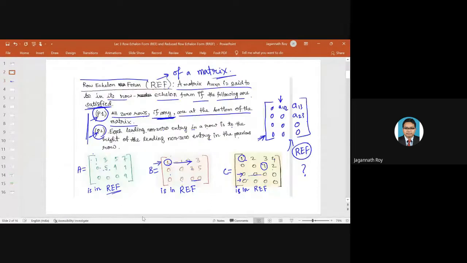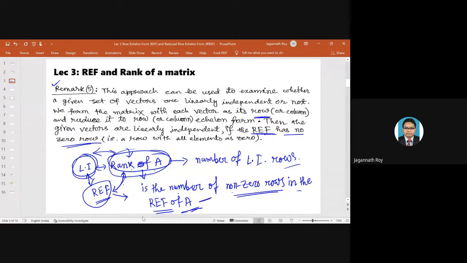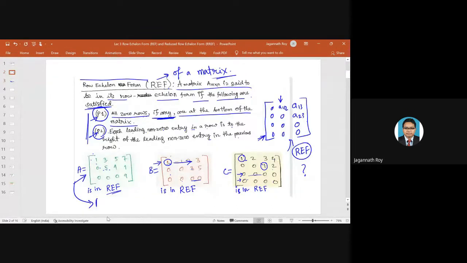If you go back and check the examples, by this new definition the rank of A is equal to 3, the rank of B will be 2 here, and similarly, because all are in row echelon form, the rank of matrix C is 2.